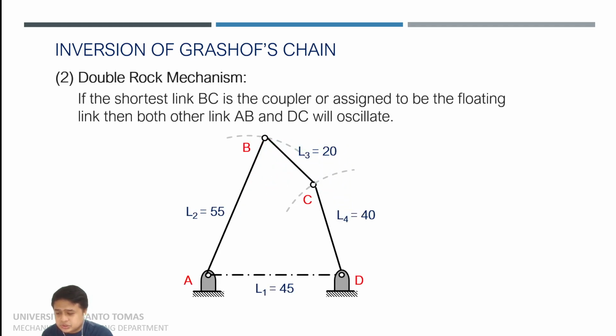The thing you should take note of is that if the shortest link is the coupler, then it is a double rocker mechanism, assuming it is a Grashof chain. In this case, the shortest link is 20, so we can consider this a double rocker mechanism. They cannot fully revolve, as you can see. They can only oscillate, this AB link and this CD link, or L2 and L4.